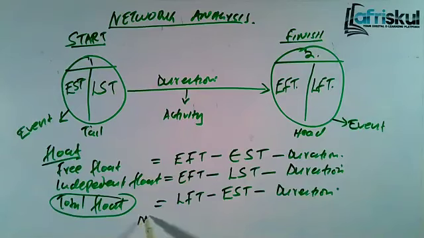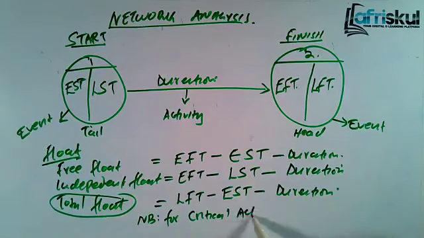One thing you need to note, NB: for critical activities, and you will come to know what the critical activities are, float is always equal to 0. That means you cannot delay that activity. So that's just an introduction to the analysis.